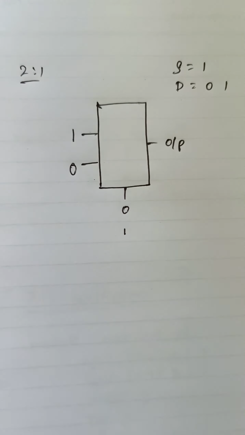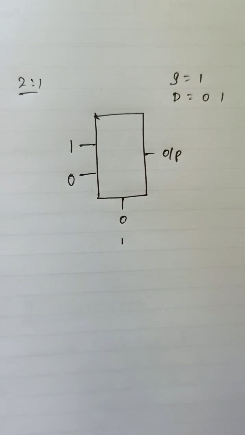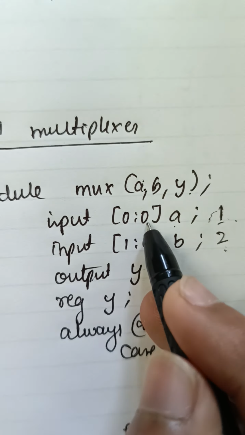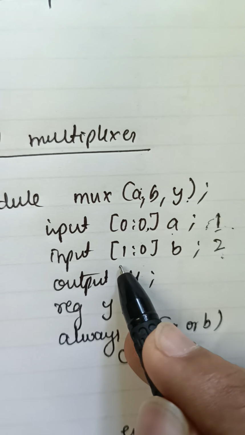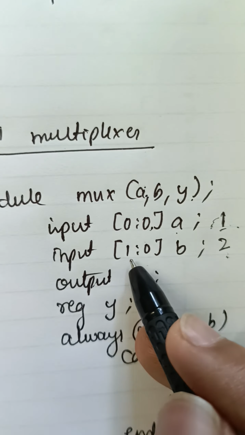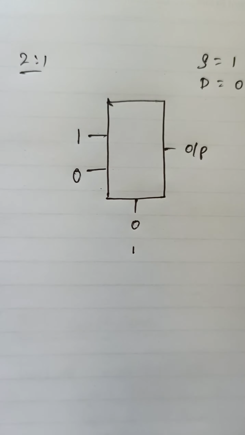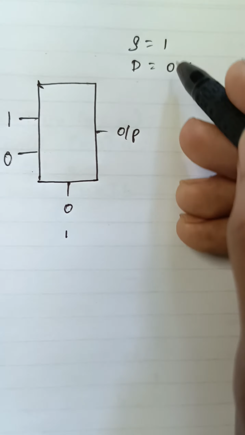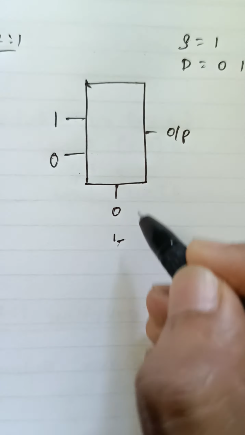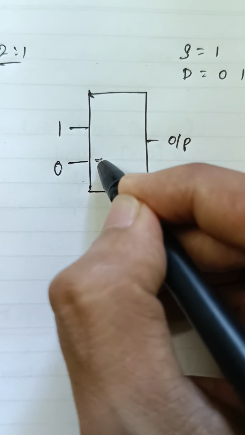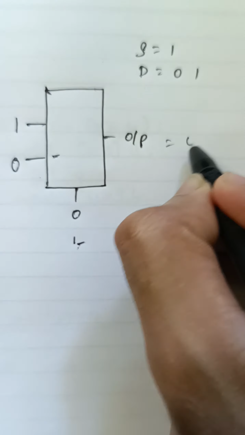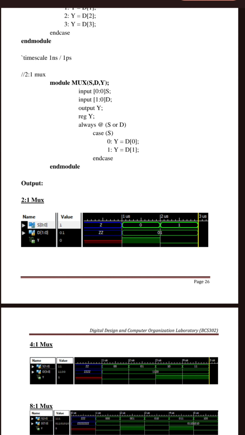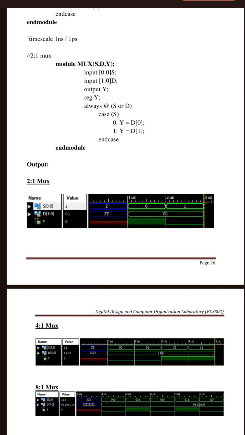Because in the array we write 0 to 0 and 0 to 1, we have to write the inputs in the opposite order. Then the inputs are 0, 1. So if the select value is 1, it takes the 0 here and the output will be 0. Here also the output is given as 0.